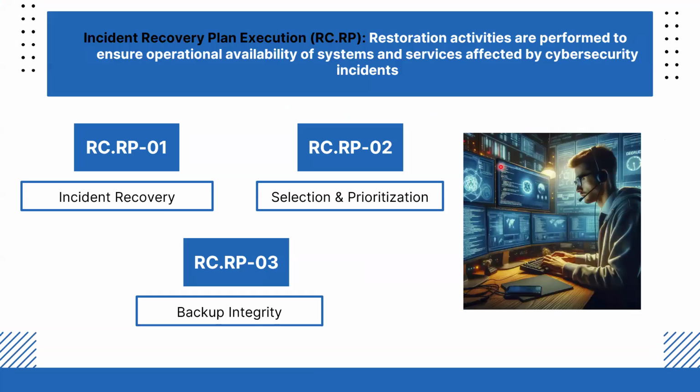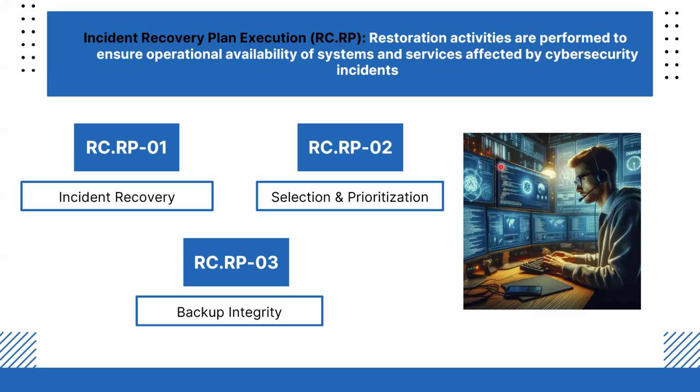First, we have the incident recovery plan execution. Once we have eradicated the incident, it is time to recover the processes back to their previous normal working condition. So how do we know which process to restore first?